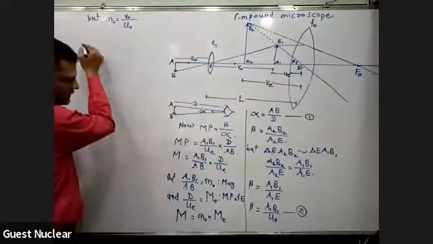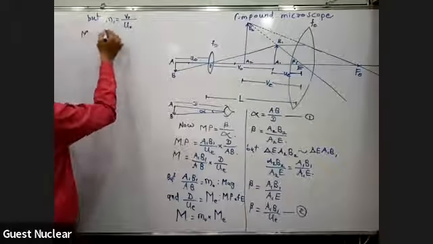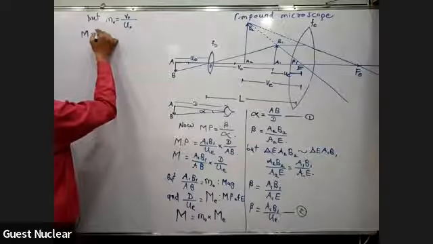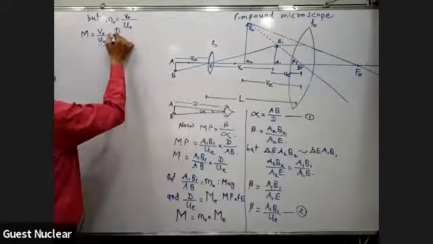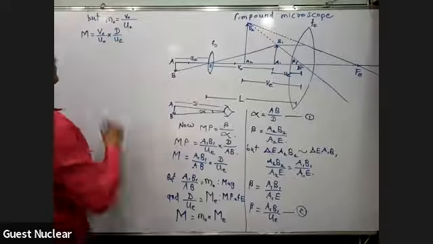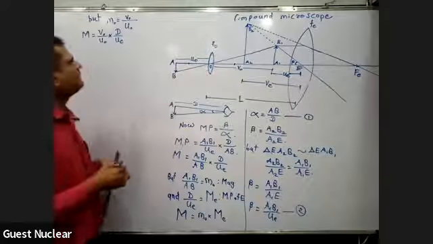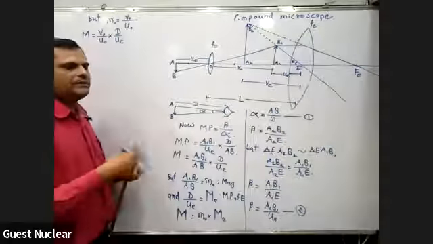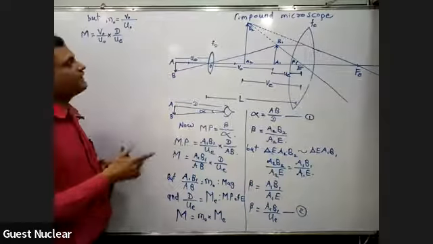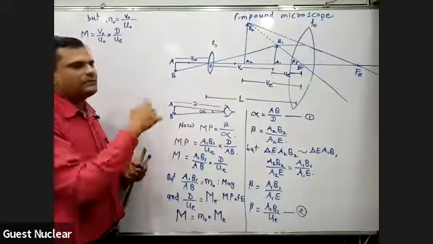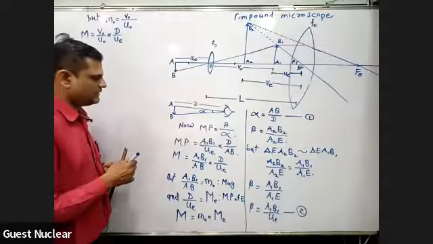So in this case the magnifying power of that compound microscope can be written as simply equal to VO upon UO into D upon UE, okay. So this D upon UE can again be written as either D upon FE or 1 plus D upon FE, depending upon whether the final image is formed at infinity or at the distance of distinct vision.